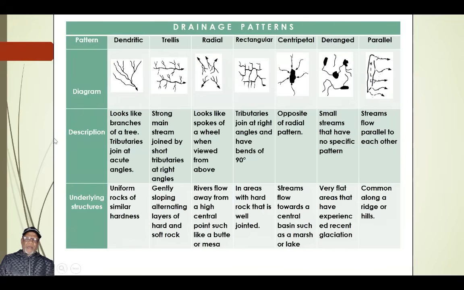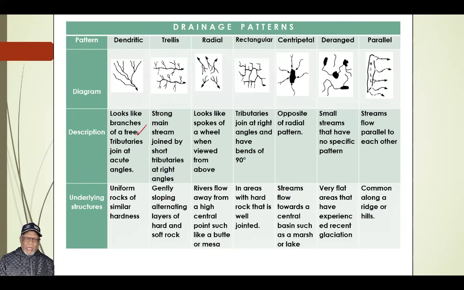Let me just quickly look at the characteristics of drainage patterns. Sometimes in an examination, they want you to give the characteristics of those patterns. Now, for the dendritic pattern, what are the characteristics? It looks like the branches of a tree.